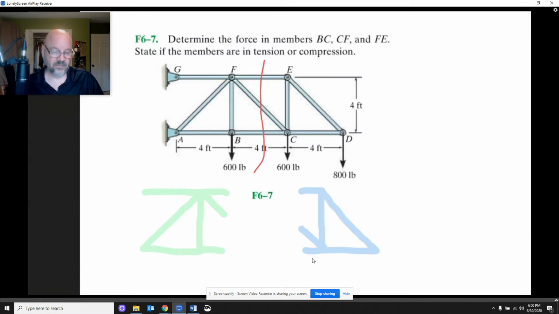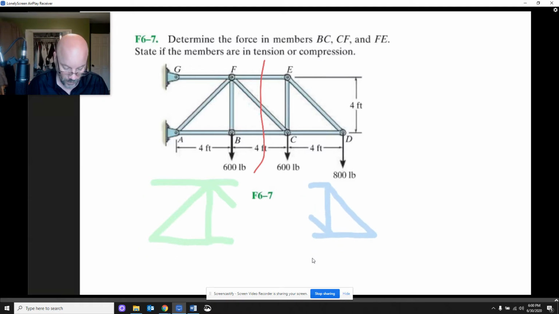So the left hand side and the right hand side are both in equilibrium. For the whole object, we have the external forces, the 600, the 600, and the 800. Then we're going to have the reaction forces, and I've already worked that out.